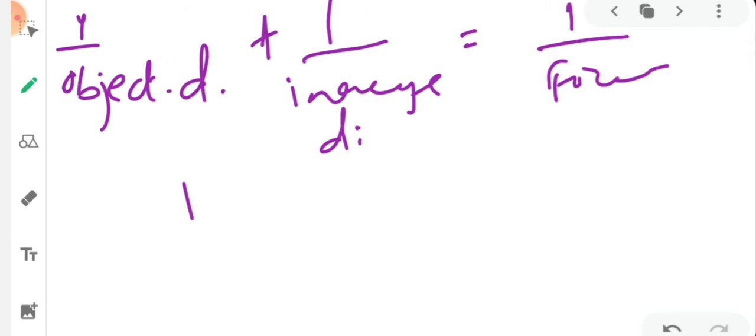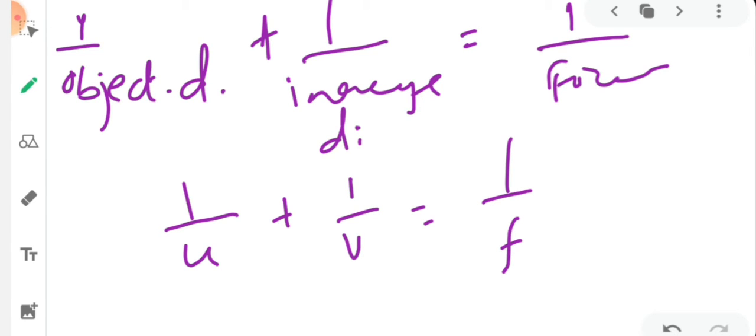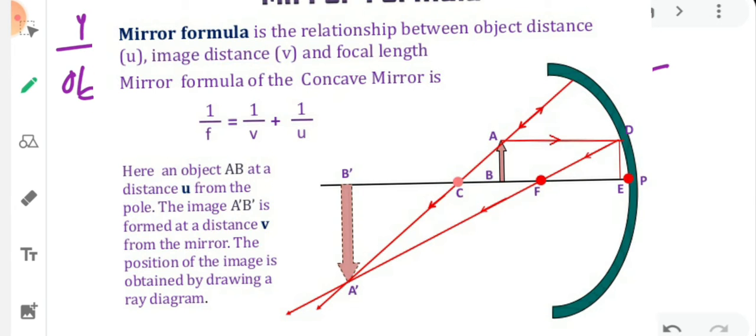In short, we may write 1 by u plus 1 by v is equal to 1 by small f. So this is your mirror formula itself: 1 by u plus 1 by v is equal to 1 by f.